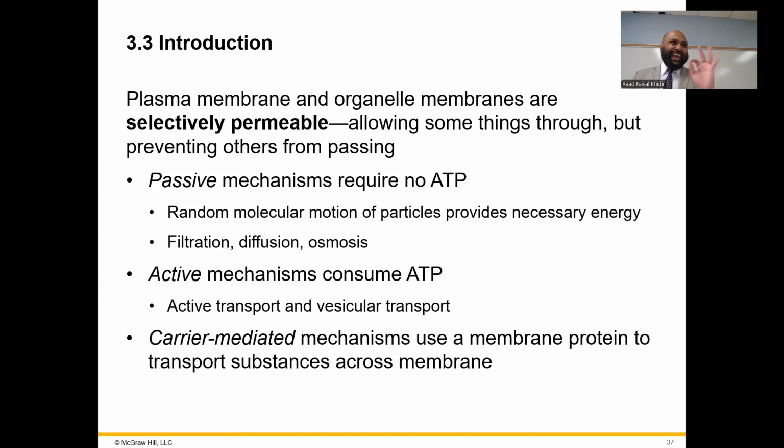It selects who can enter and who can exit. And that's not just for the plasma membrane, that's also for the organelles. The nucleus has a selectively permeable membrane, the Golgi body, selectively permeable membrane, the rough endoplasmic reticulum, selectively permeable membrane.